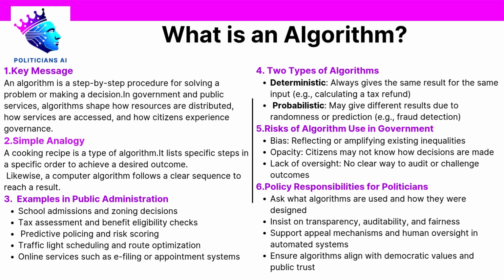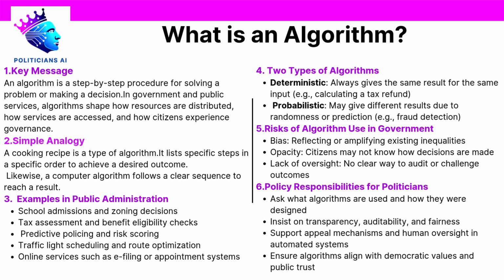The key idea is this: algorithms are invisible, but powerful. They influence outcomes. They shape how citizens interact with public services. And sometimes, they enforce policy without any human involvement. As policymakers, we can no longer say, "I'm not technical." You don't have to write computer code, but you do need to understand what algorithms do, how they're created, and where they can go wrong.